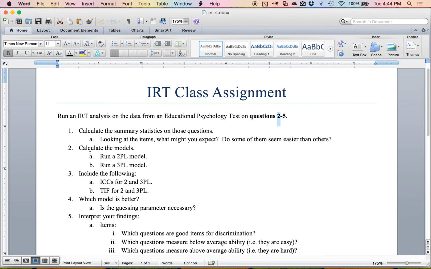Okay. So what are the generally three parameters that people estimate? That is going to be A, B, and C. But we're going to start by estimating discriminability and generally what's called the location parameter or ability parameter.